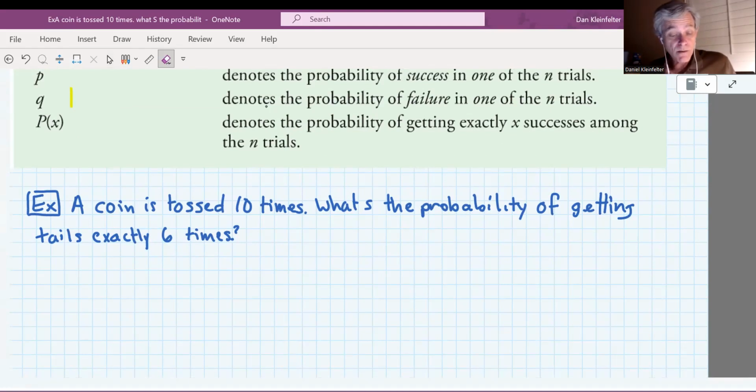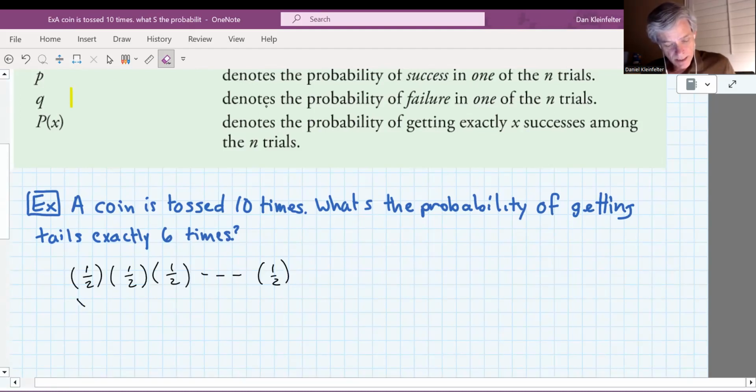So let's say we're going to fake it. If we want to get tails exactly 6 times, that means the coin would have to come out tails 6 times, and there's a 1/2 chance of that coming out.